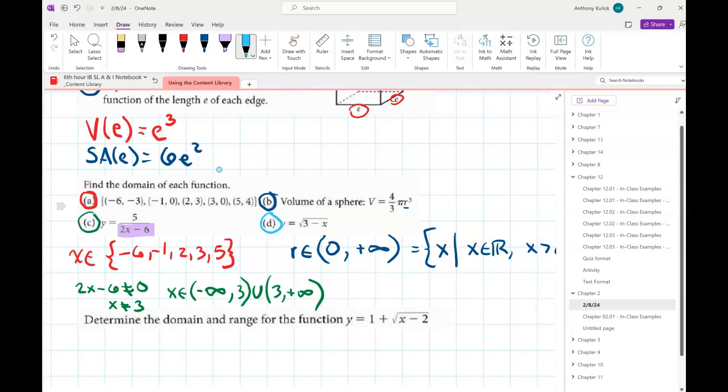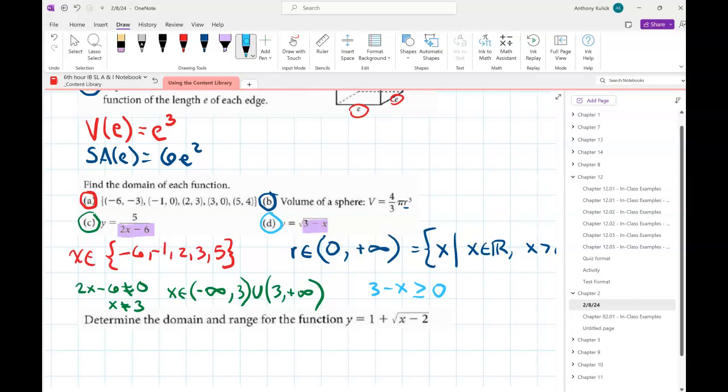Square rooting negatives, right? So I know then that the stuff underneath my radical has to be non-negative, so greater than or equal to 0. Because what's the square root of 0? 0. That's a problem we can still do, right?